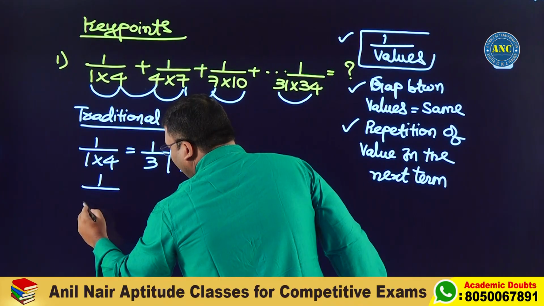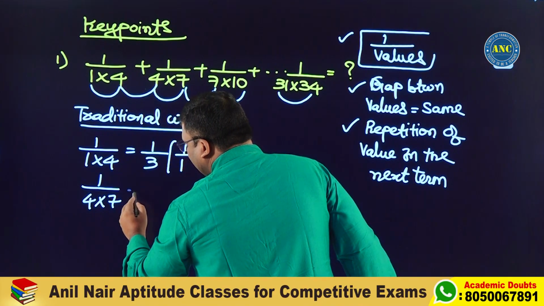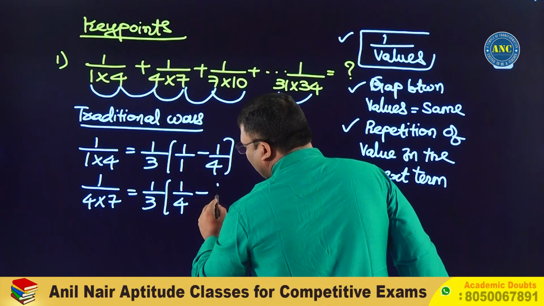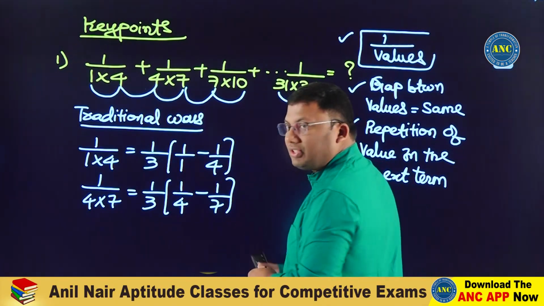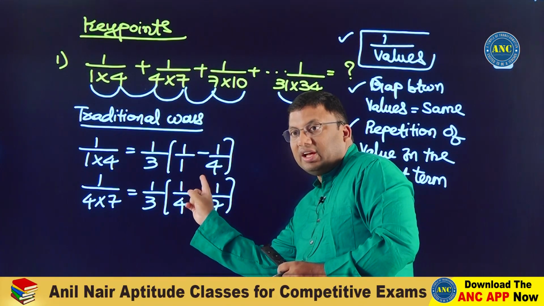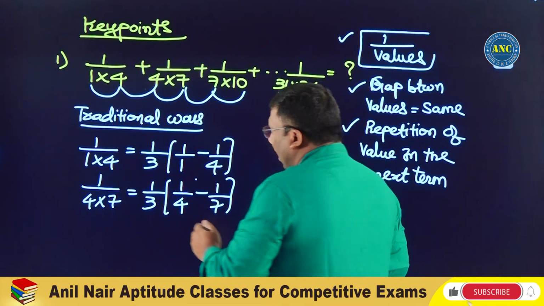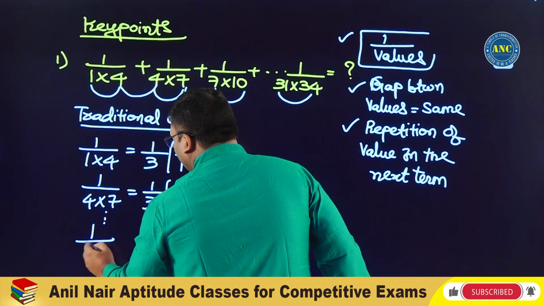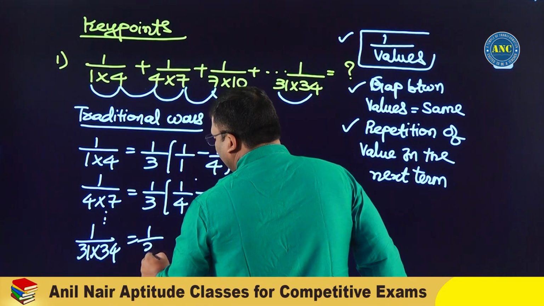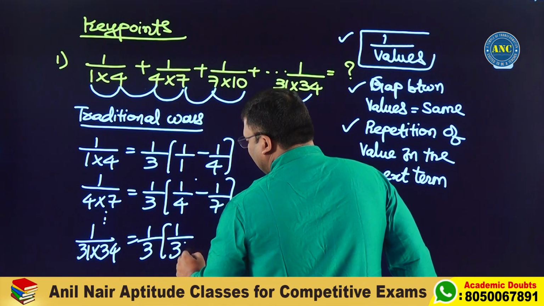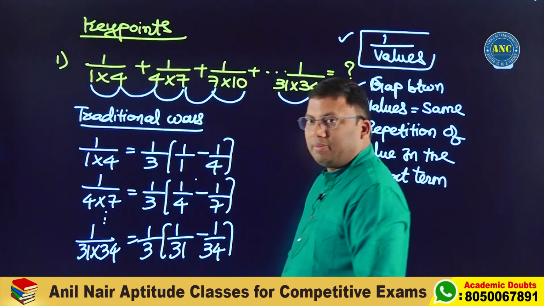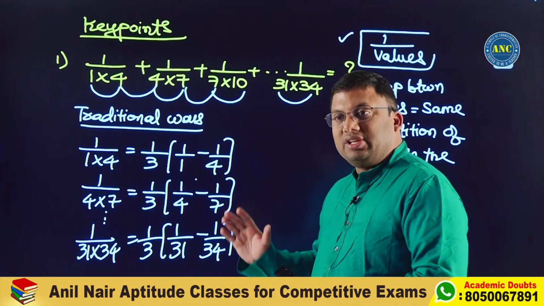Similarly, 1 by 4 into 7 can be written as 1 by 3 into 1 by 4 minus 1 by 7. In the denominator 4 into 7, 7 minus 4 is 3, which gets cancelled. And so on up to 1 by 31 into 34, which is 1 by 3 into 1 by 31 minus 1 by 34. Is this idea clear?